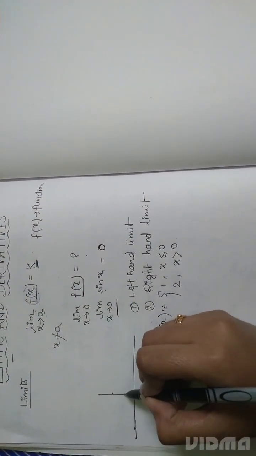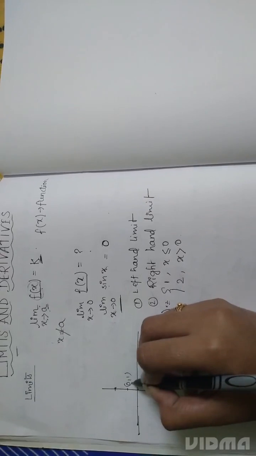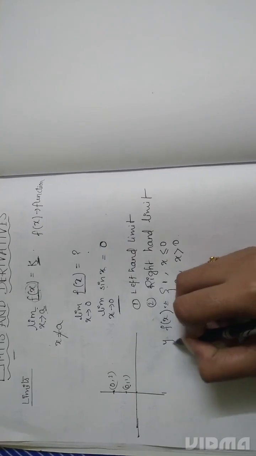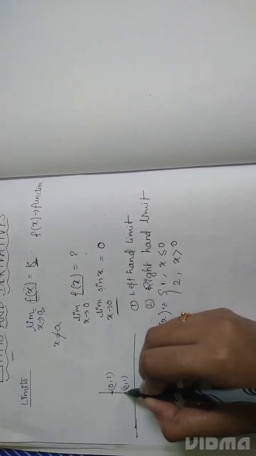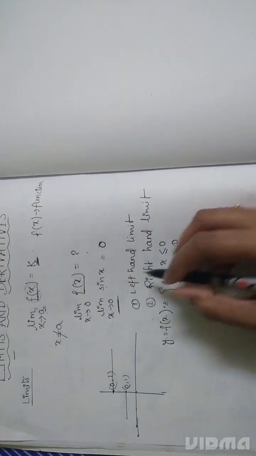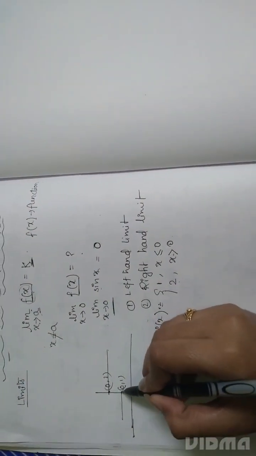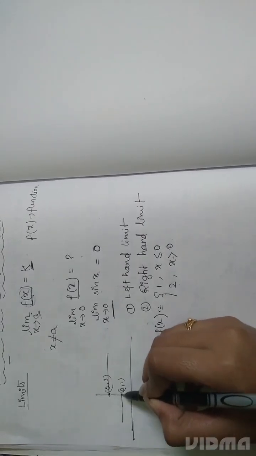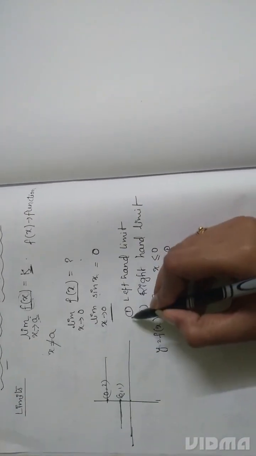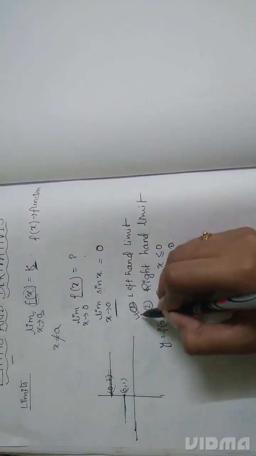This is 0, 1 and it is 0, 2. So first one will be like this and second one will be like this. x greater than 0, value is 2. Now this x is less than or equal to 0. This part is called as left hand limit, and this part will be called as right hand limit.